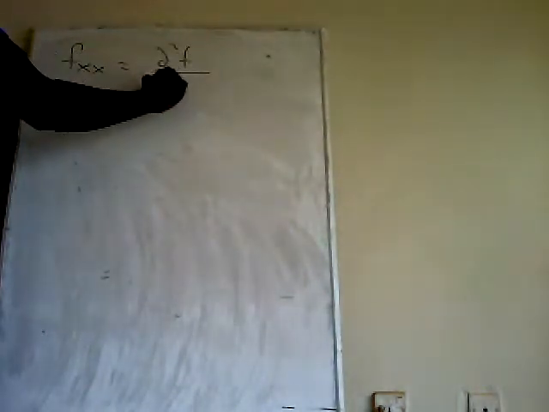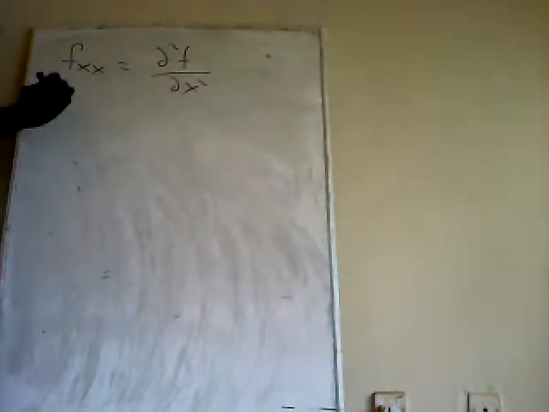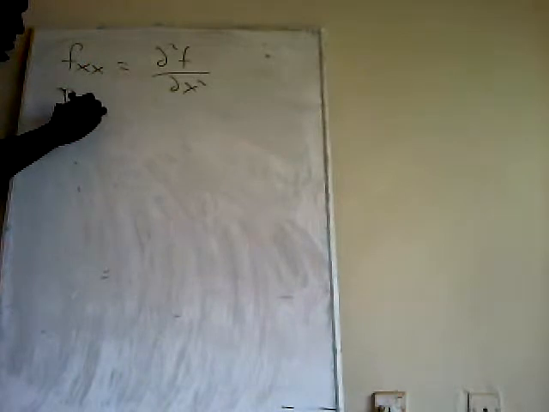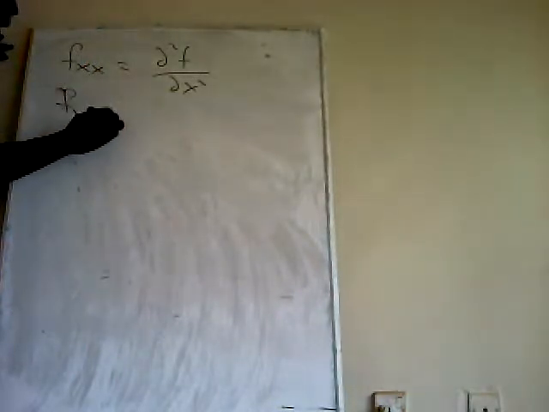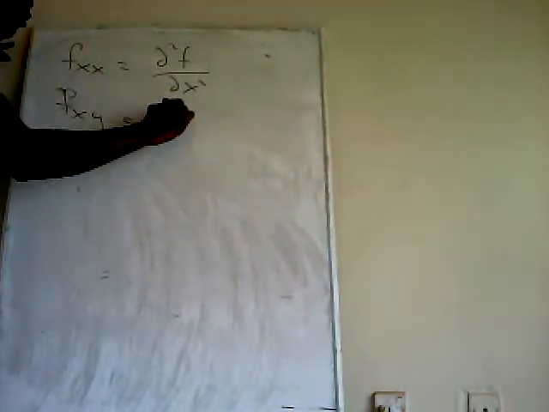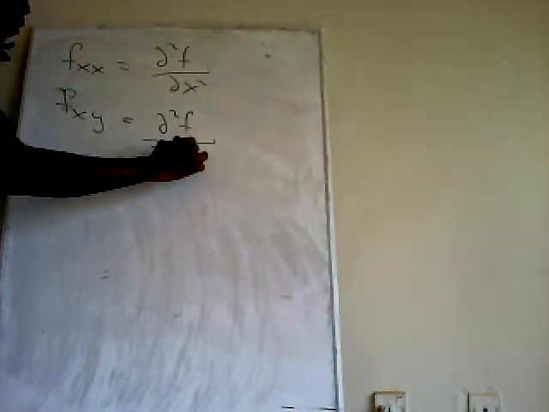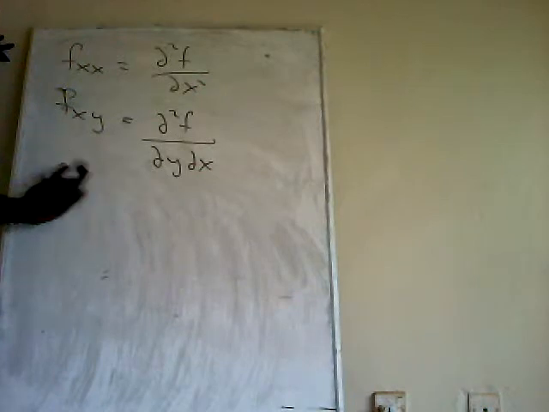Likewise, if you write fxx, it is equal to del squared f over del x squared. If we write fxy, it is equal to del squared f over del y del x.